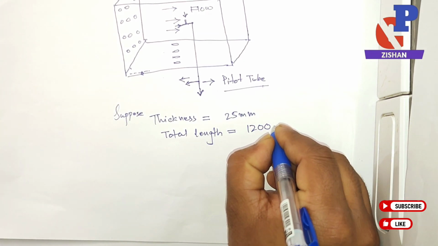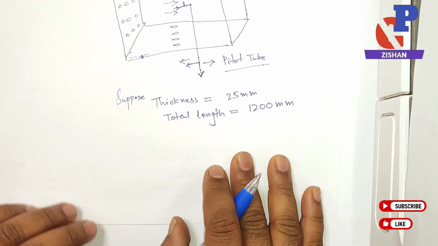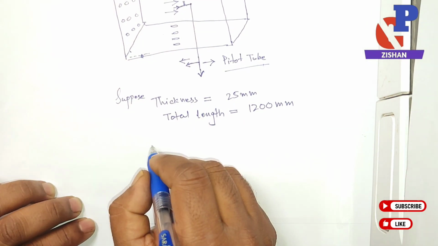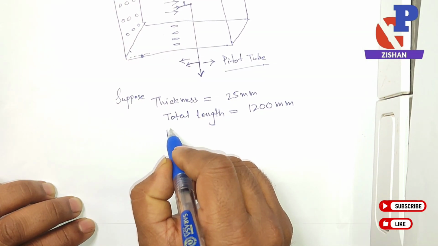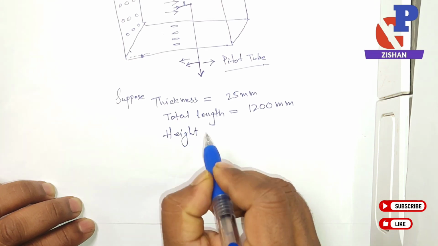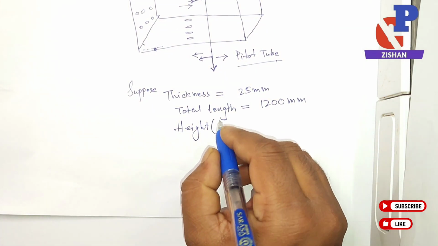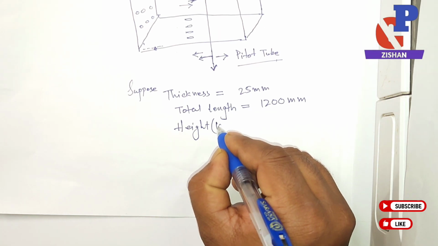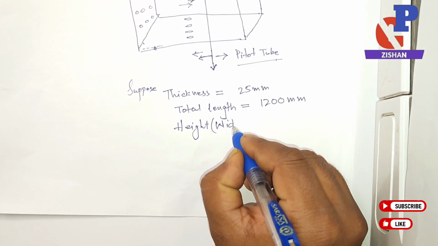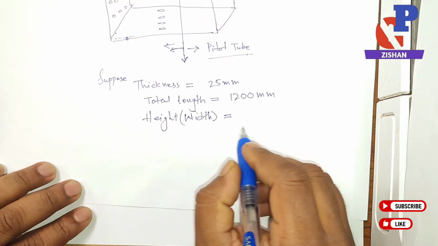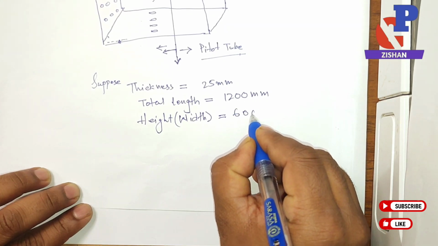And suppose the height, or width, of the duct is 600 mm.